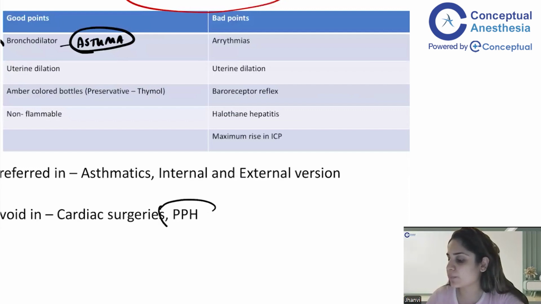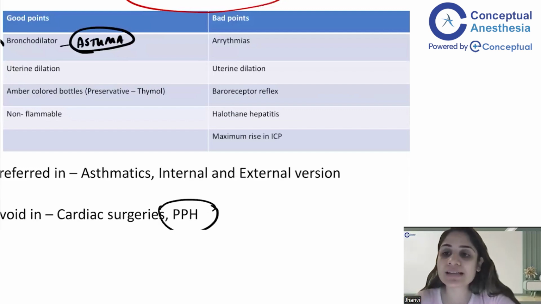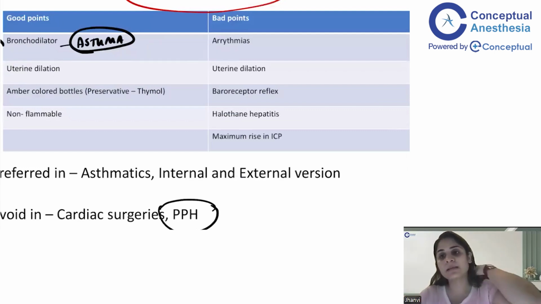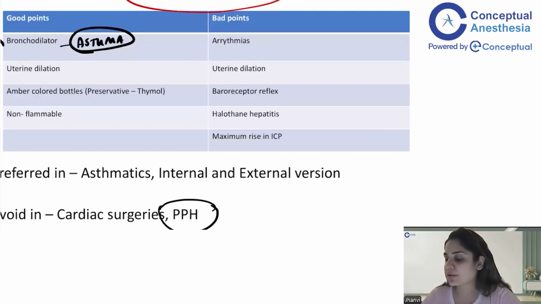In postpartum hemorrhage, you want the uterus to contract. It should not relax, because if it relaxes, the bleeding will continue from the place where the placenta was attached. So if my patient is having postpartum hemorrhage, the inhalational agent that I will definitely avoid is halothane, as it will continue to cause uterine relaxation.